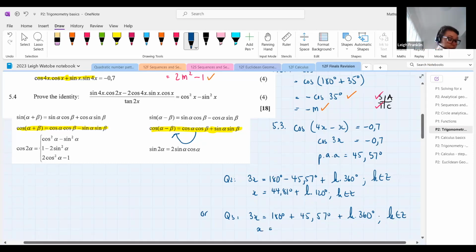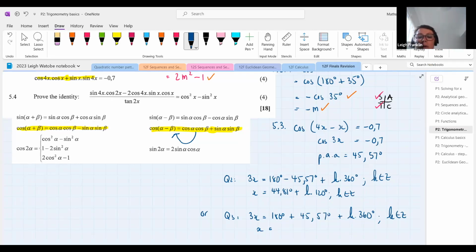So now we have to add our PAA to 180, and then we're going to divide through by 3. So here I'm getting 75,19 plus k times 120.